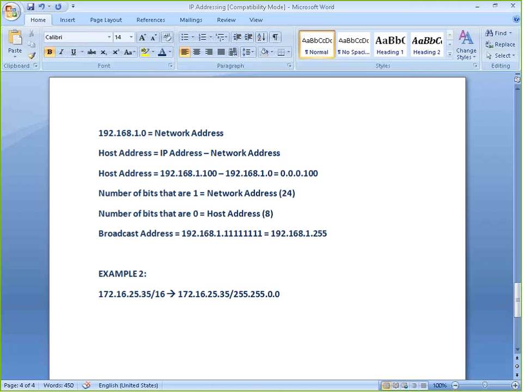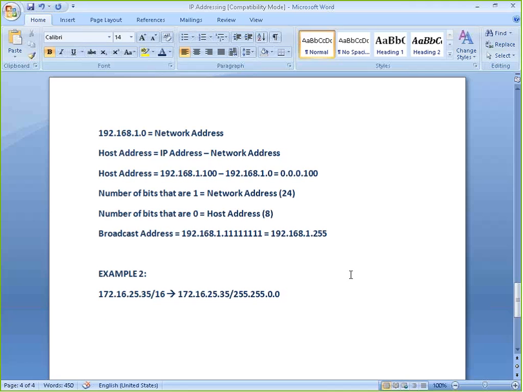I'm just going to go a bit faster here because I'm assuming that you've understood the previous example very nicely, and accordingly I'm going to follow the same logic and calculate it. Just interrupt me if you find any difficulty understanding it. So that would be the decimal representation. Now, to calculate the network address, we have to AND this IP address and the subnet mask.